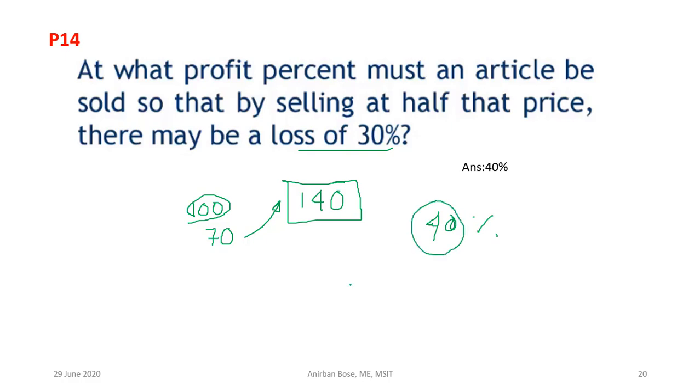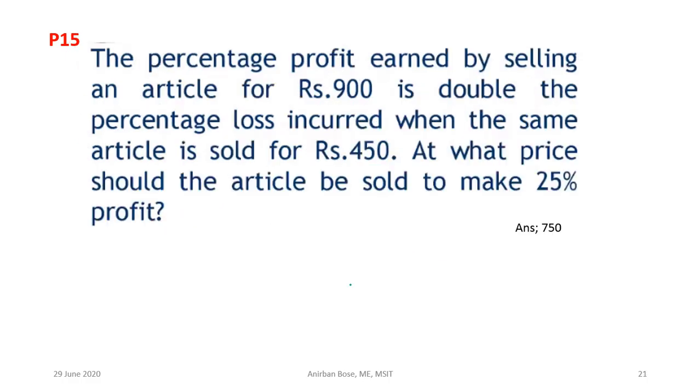Okay. Now coming to the next problem. The percentage profit earned by selling an article for rupees 900 is double the percentage loss occurred when the same article is sold for rupees 450. Okay. The profit he has earned is double what the loss is if it has been sold at 450.